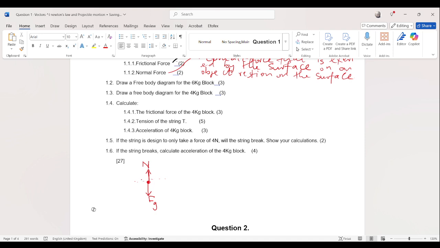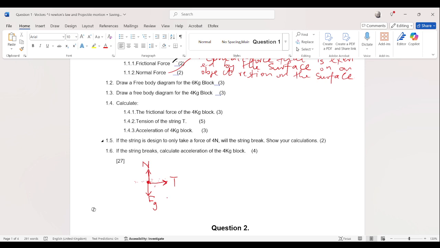A normal force is a reaction pair. So if you have mastered Newton's third law, you will understand that whenever there's an action, there's a reaction. So normal force is a reaction force on the surface. What else do we have? There's a rope pulling to the right, so that's tension.